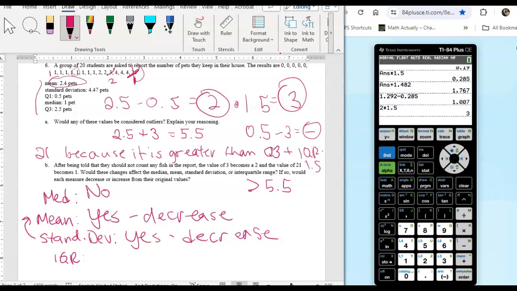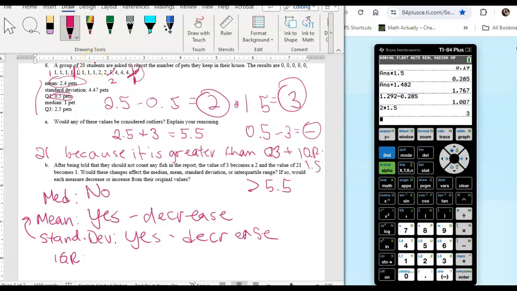Now our IQR we found to be 2.5 minus 0.5, right? An IQR of 2. In this case, this would be our median, and so our new interquartile range would be 1, 2, 3, 1, 2, 3, 4, 5, 1, 2, 3, 4, 5. So our Q1 would still be 0.5 on this side.